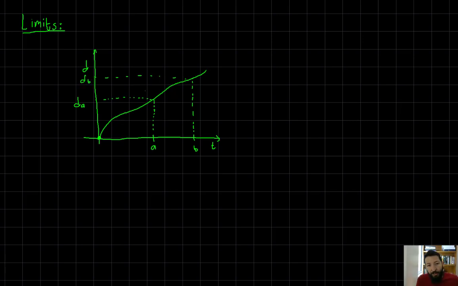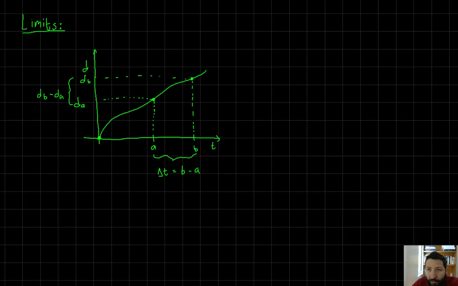Okay, so what we know is that in this period of time that you could call delta t, that would be b minus a, you moved from dA to dB, so the distance that you covered was dB minus dA.